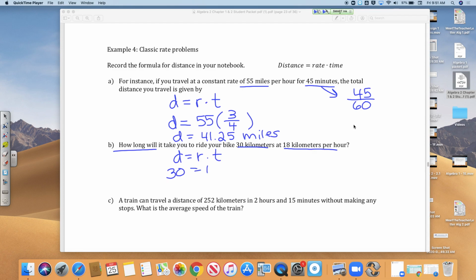My rate is 18 kilometers per hour, and we're trying to find time. So for this one, the equation would be 30 equals 18t. To solve this one, I would divide both sides by 18, and we end up getting that time is going to be equal to 1 2/3 hours, or 1.6 repeating.